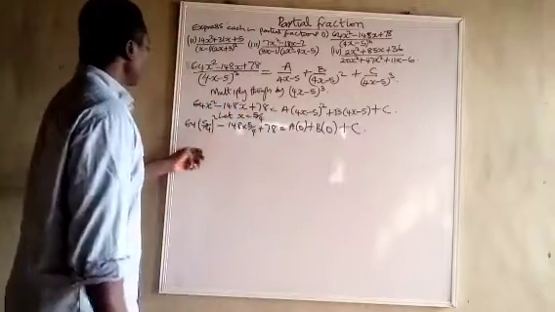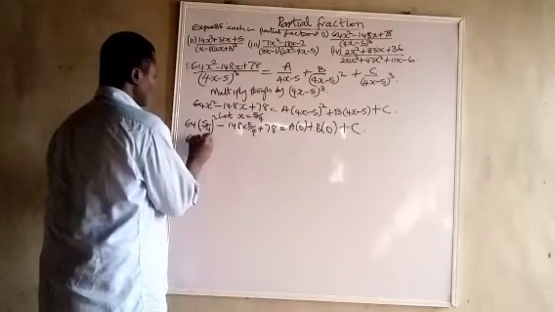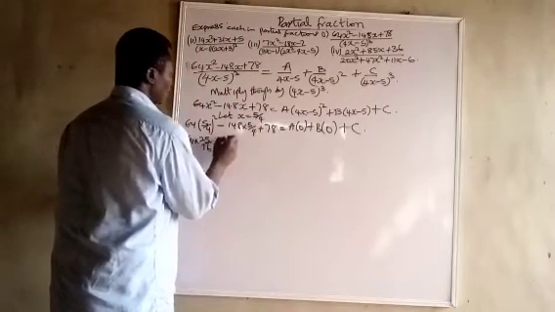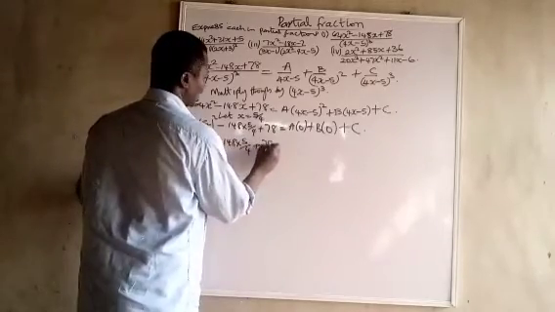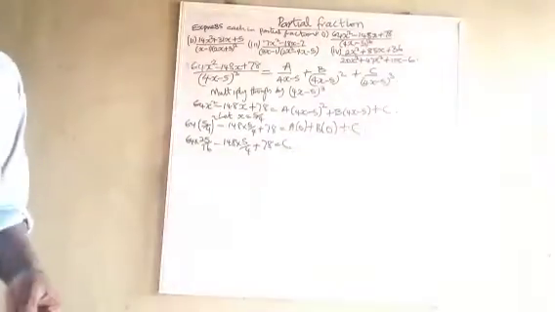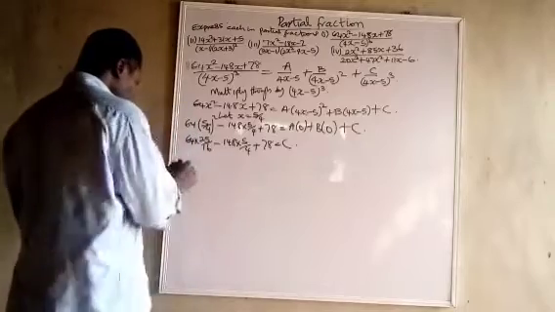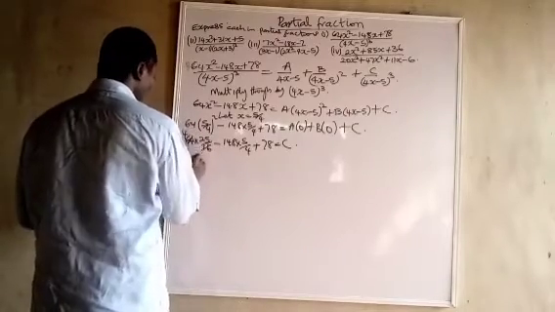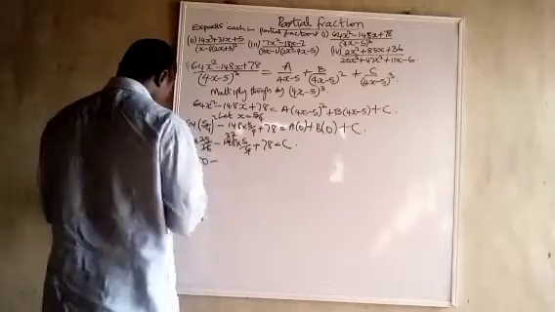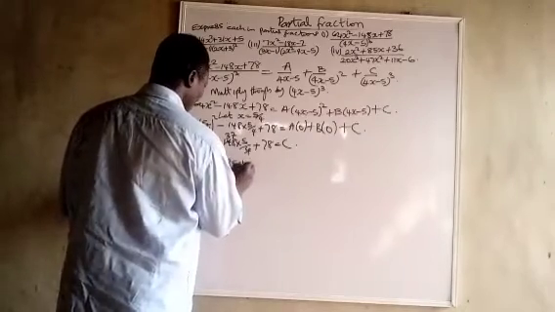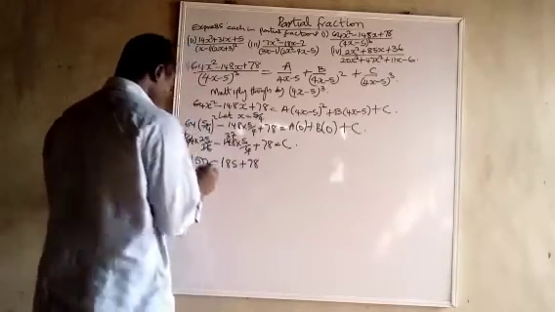So this one will give me 64 times 25 over 16 minus 148 times 5 over 4 plus 78 equals c. And that will be 100 minus 185 plus 78.